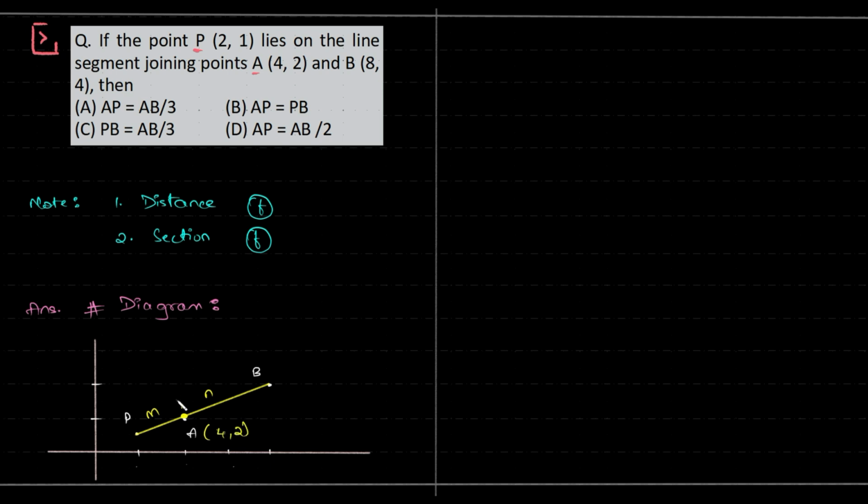So you have to figure out what exactly the ratio between AP and, well, there are quite a few things. Let's see this. First, if we get an expression for M is to N, then we'll be able to figure out everything else. So this is 2, 1.